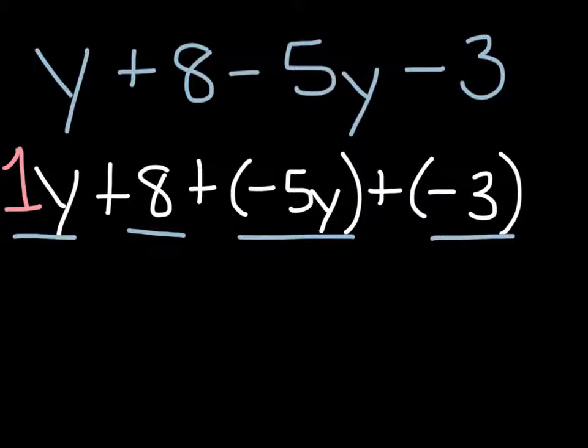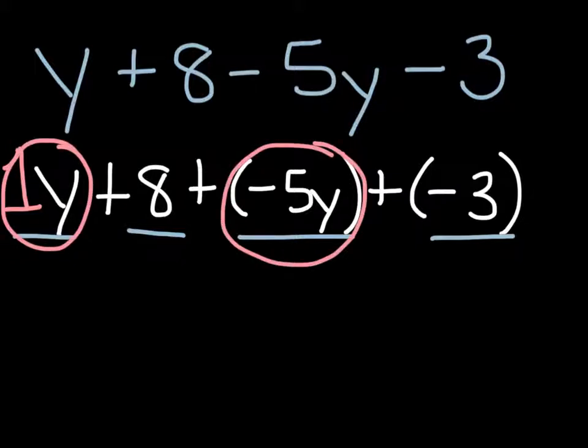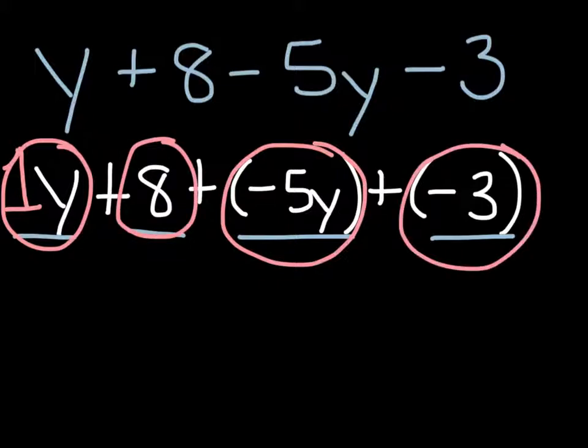Our like terms come in pairs in this particular expression. 1y and negative 5y are like terms, and 8 and negative 3 are also like terms. Our coefficients are 1 and negative 5, and our constants are negative 3 and 8.